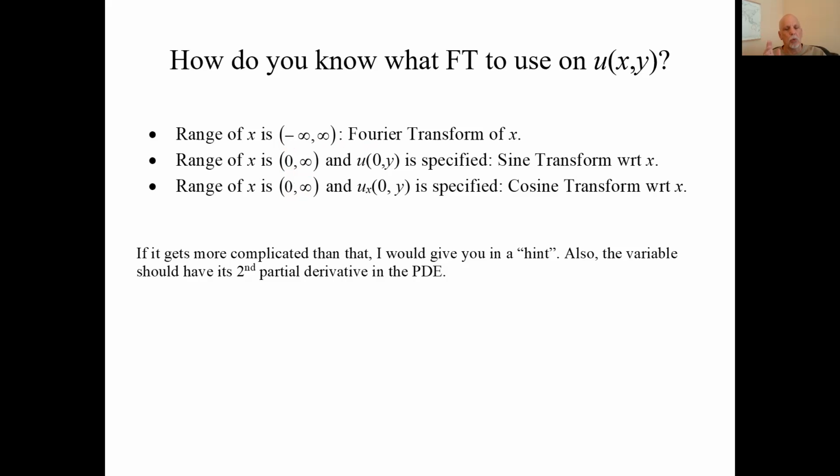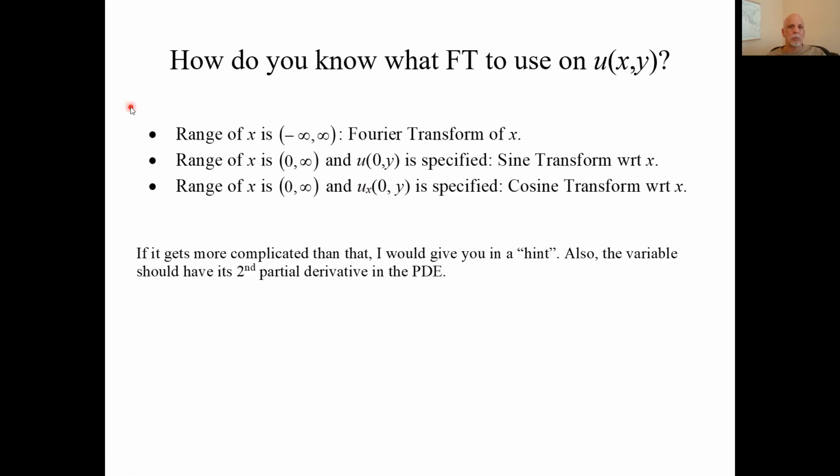Then it gets into what the initial condition was. Remember, we're pretending it's with respect to x here. If the condition at x equals 0 is the function itself, use the sine transform. If it's the derivative, the partial derivative of the function with respect to that variable, you use the cosine transform.